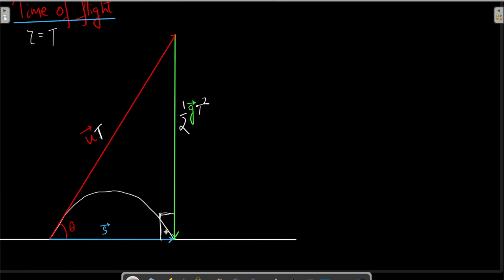So for this triangle, let's call this point O, this A, and this B. So for triangle OAB, sine theta is perpendicular by hypotenuse, which is AB by OA.